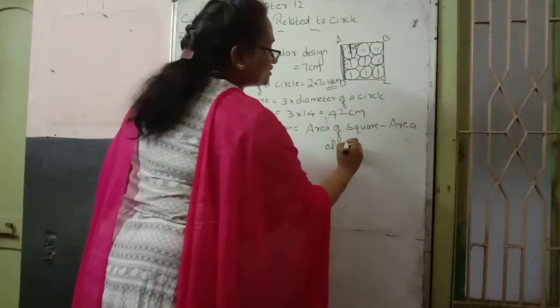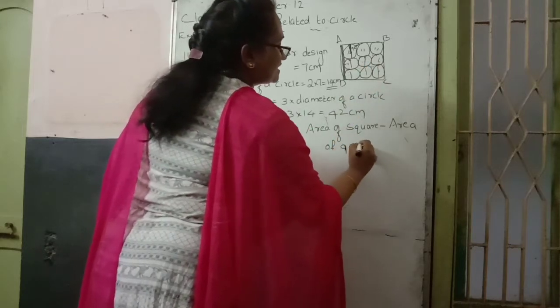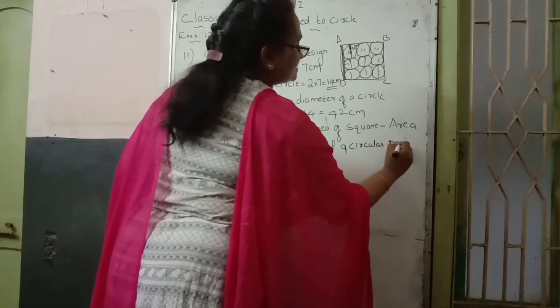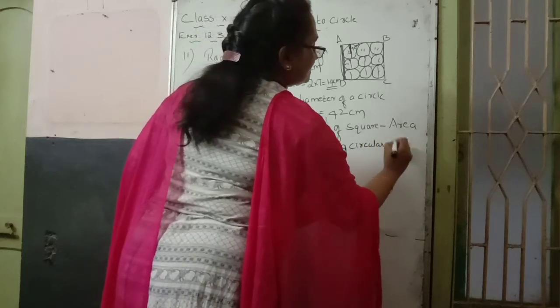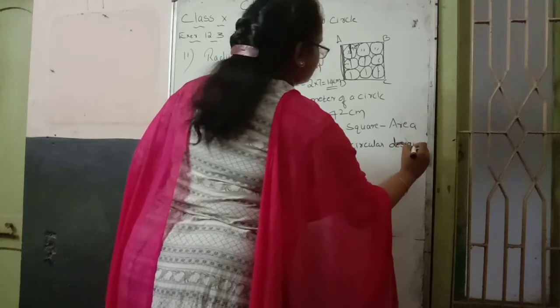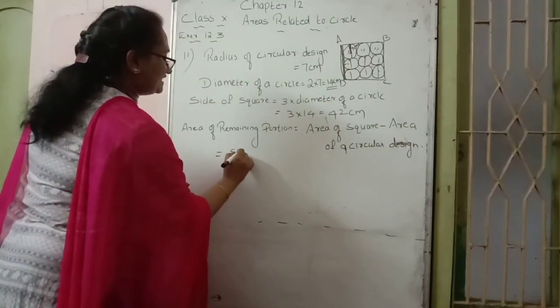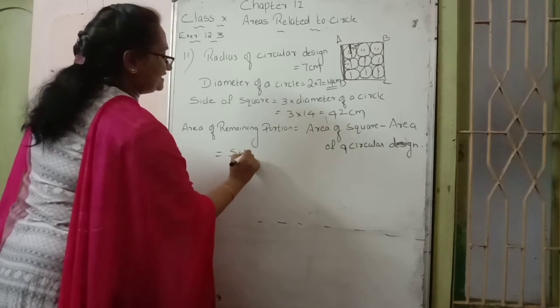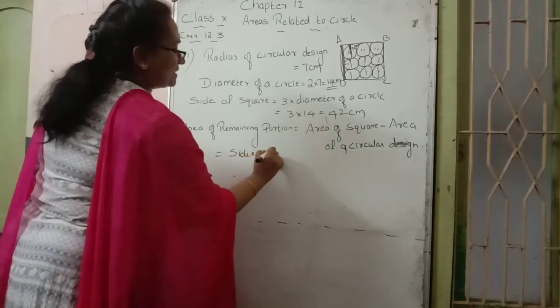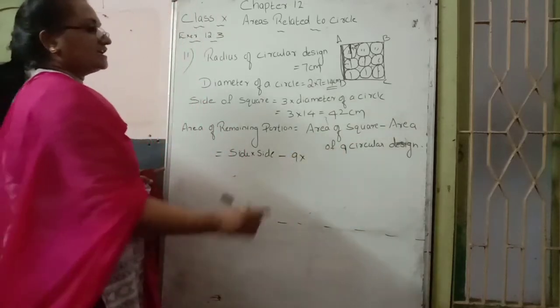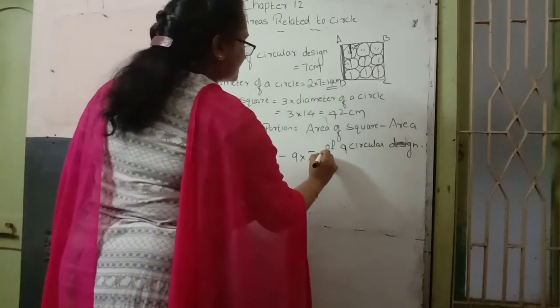So area of 9 circular parts, circular design. That means area of a square, what is the formula? Side into side, minus 9 into how many circular parts? 9. Area of circle is pi r square.